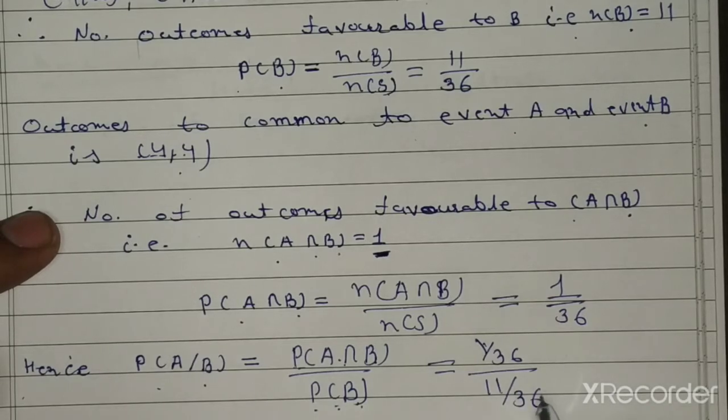Now P(A|B) equals P(A∩B) upon P(B), that is 1 upon 36 divided by 11 upon 36, which equals 1 by 11.